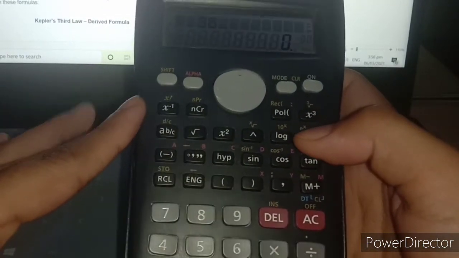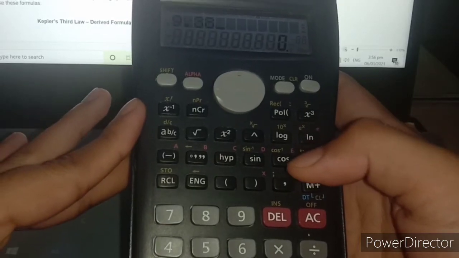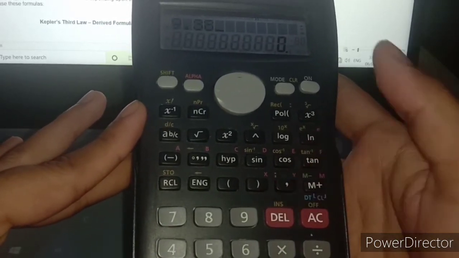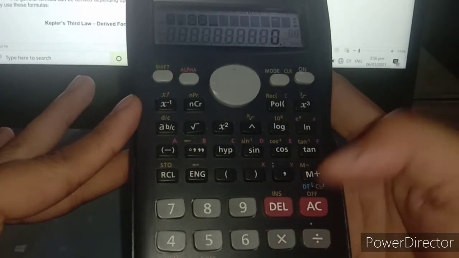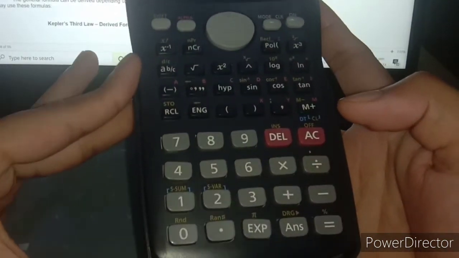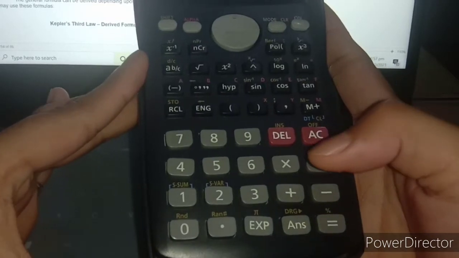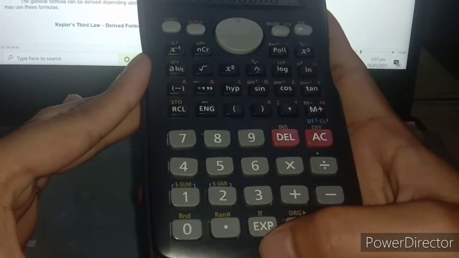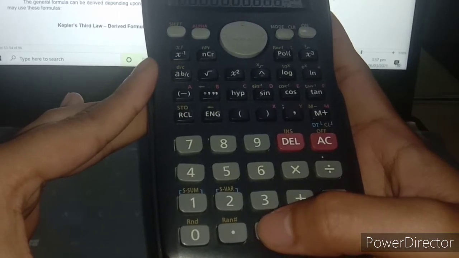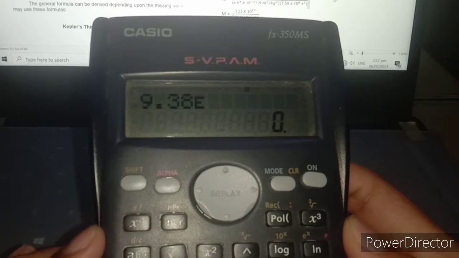Ayan, so 9.38 times 10 raised to 6. Ang gagawin po ninyo if you are using a scientific calculator, yung times 10, instead of typing that, pipindutin nyo lang tong EXP. Ibig sabihin nito is exponent. Kung mapapansin ninyo, yun ang lalabas sa calculator.